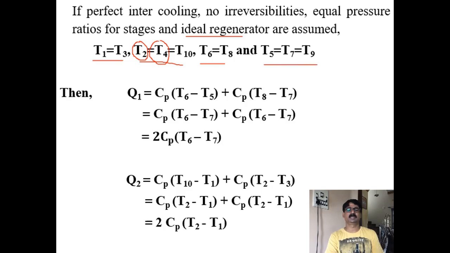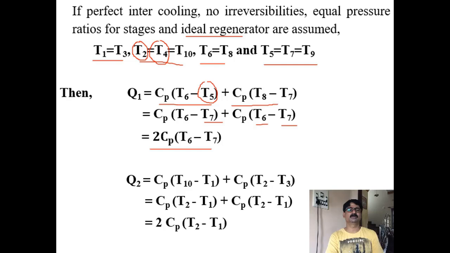Okay, now Q1 is equal to Cp into T6 minus T5 plus Cp into T8 minus T7, but T8 is equal to T6 and T7 as it is. So T5 is equal to T7. So you can write it as 2 Cp into T6 minus T7.